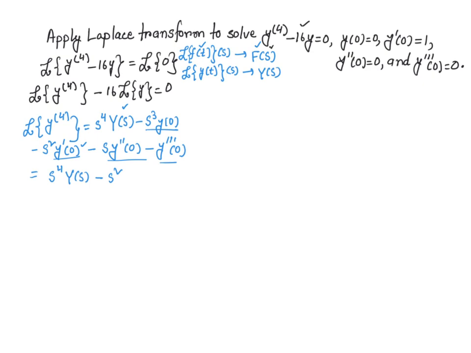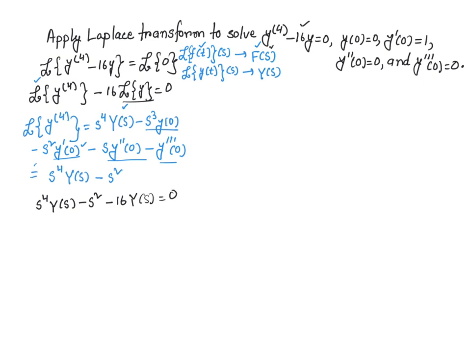Now let me go ahead and take this value and plug it into this equation. If I do that, this is what I am going to get. s to the power 4 times Y of s minus s squared, minus 16 times Laplace transform of y, which is Y of s, is equal to 0.